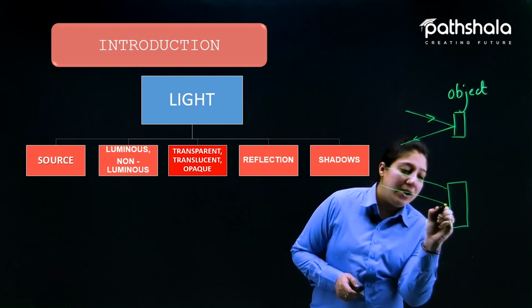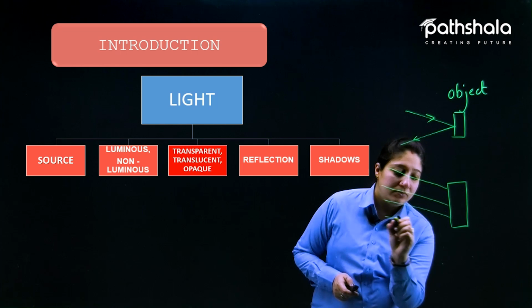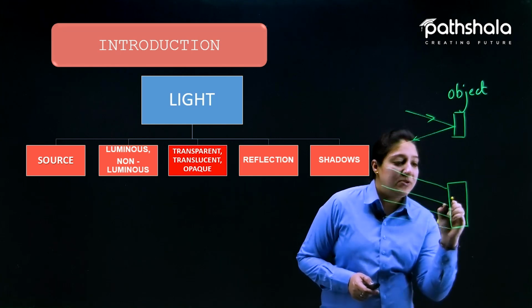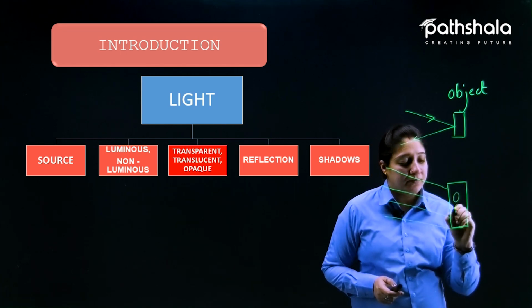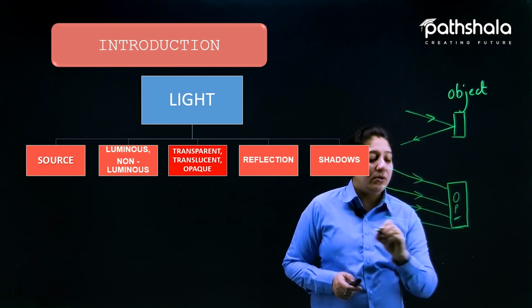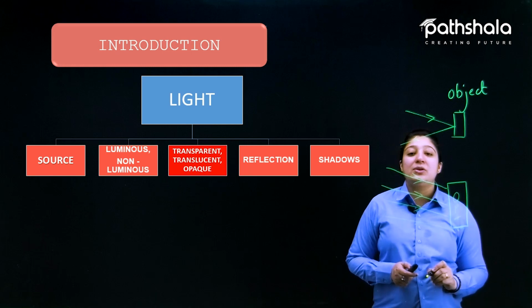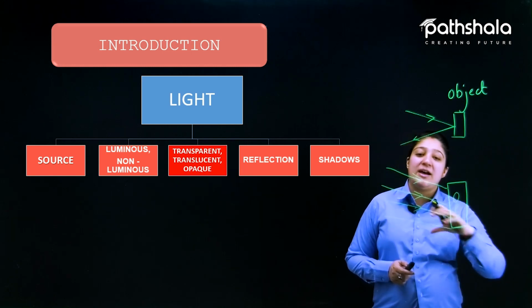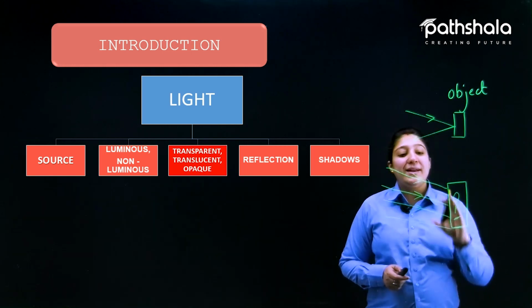Now when the light falls on this object, the object is opaque, right? Arrows are just put on the rays to show the direction of the light, in which direction it's coming.